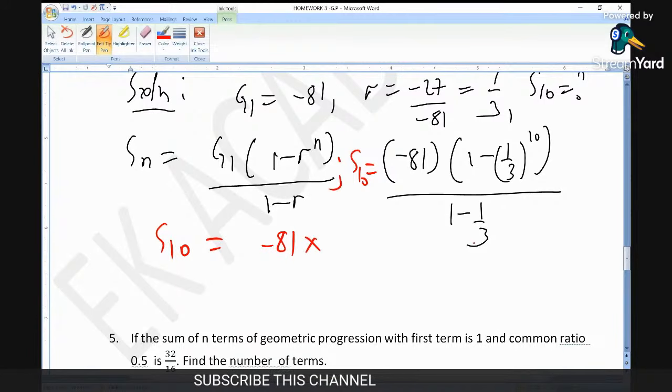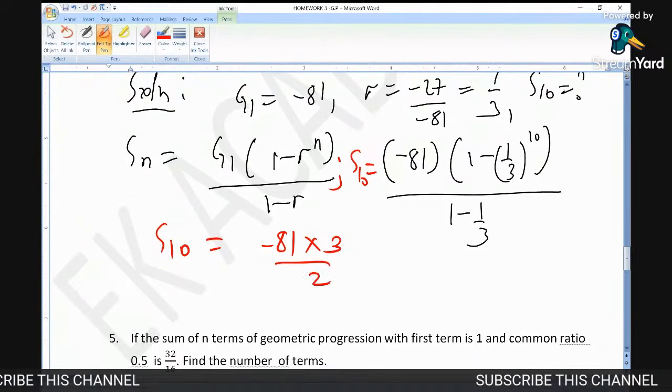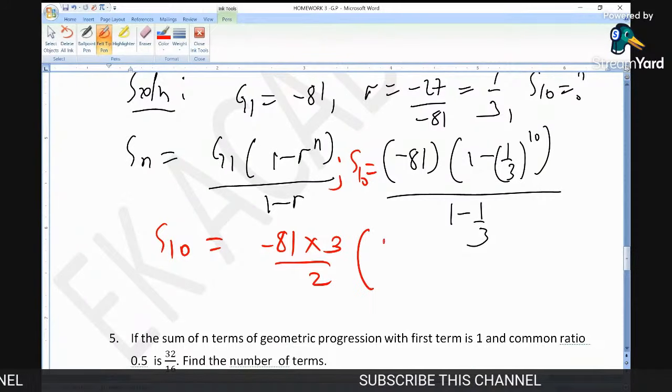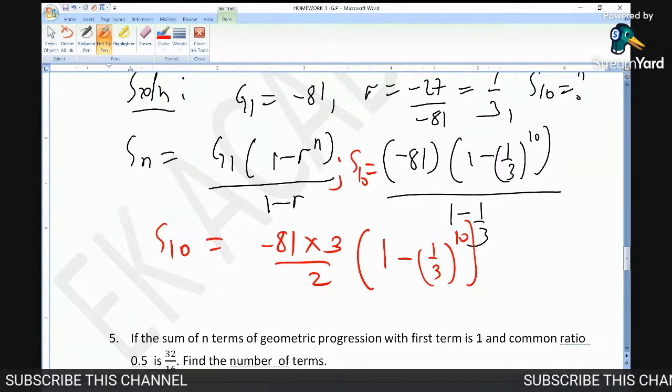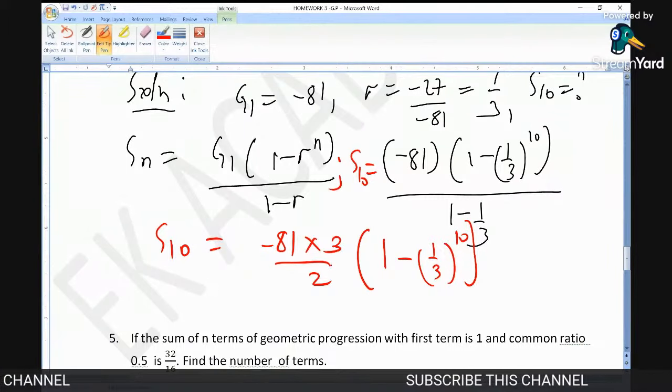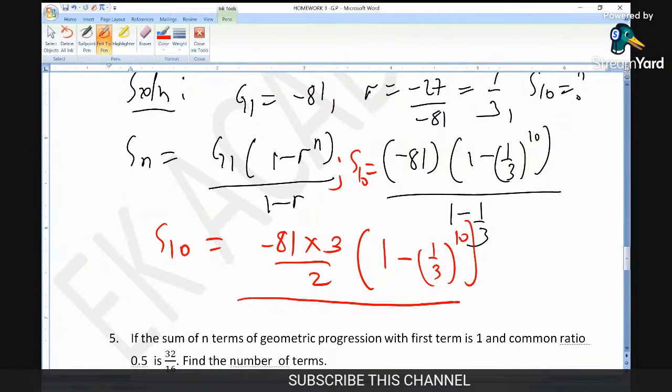In the denominator, you have 2 over 3, so times 3 over 2. And in the bracket, we have 1 over 3 power 10. You can just simplify the given expressions.